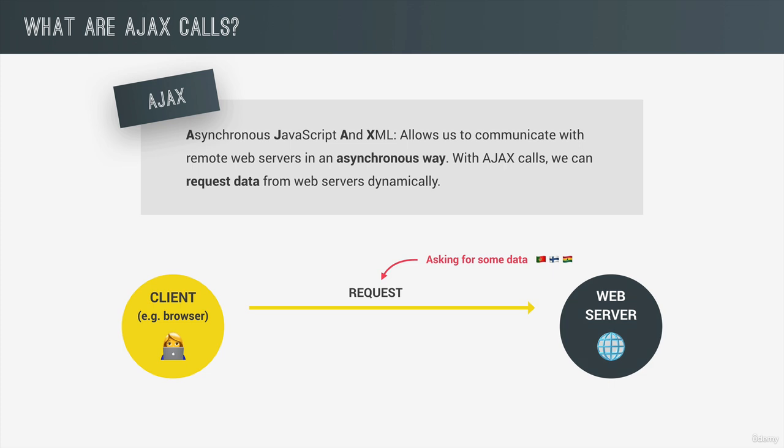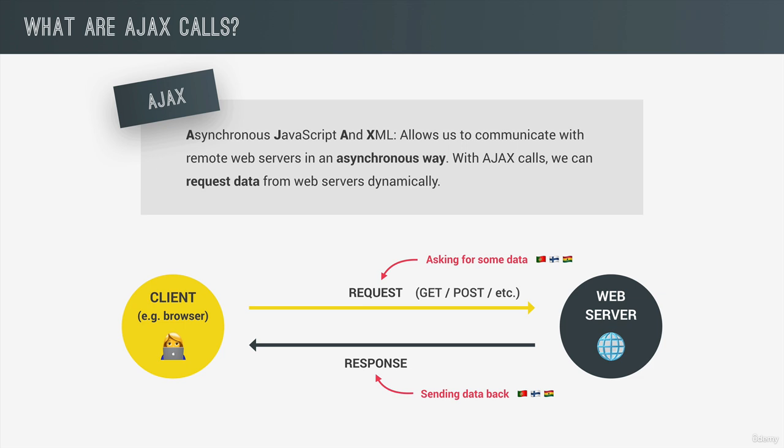And the server will then send back a response containing that data that we requested. And this back and forth between client and server all happens asynchronously in the background, just the way we learned before. And there can even be different types of requests, like GET requests to receive data or POST requests to send data to a server.